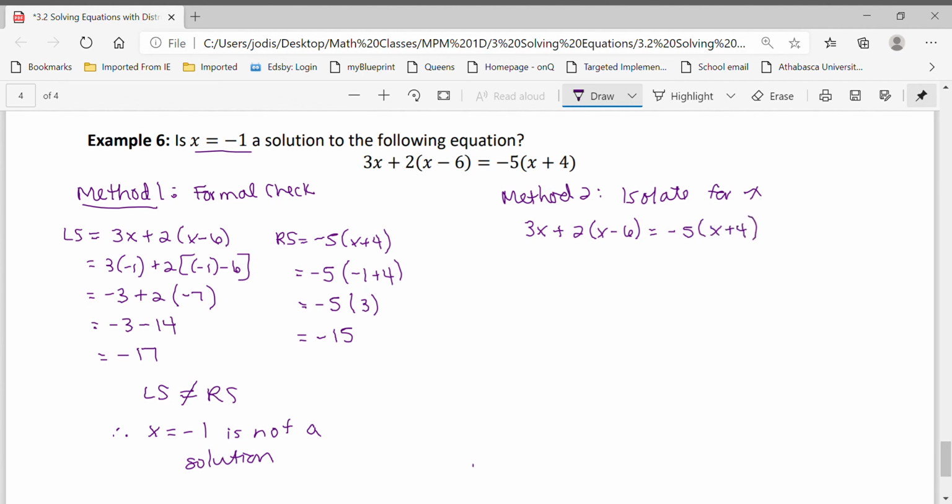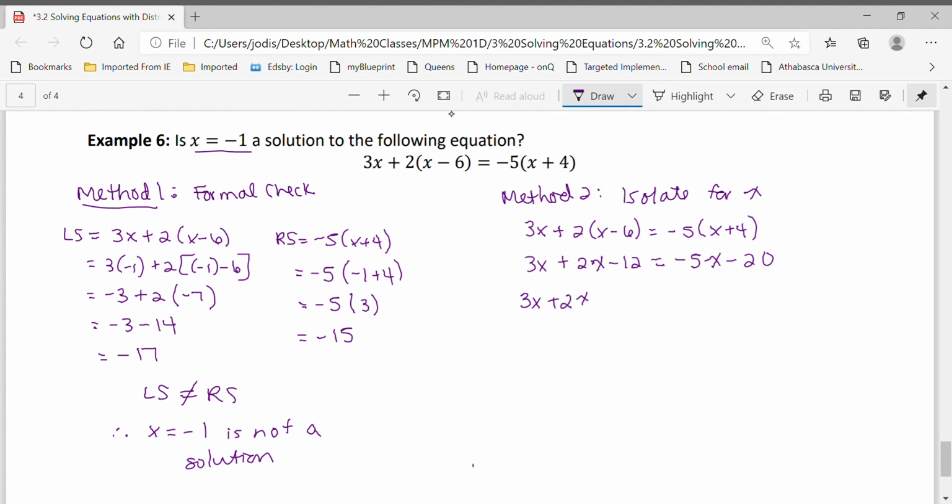All right, so again, now we're just going to solve our equation. So distribute first, so 2 times x, 2x, 2 times negative 6 is negative 12, and then over here, negative 5x minus 20. Now let's collect our like terms. So we've got 3x plus 2x, wow, that's a weird 2.